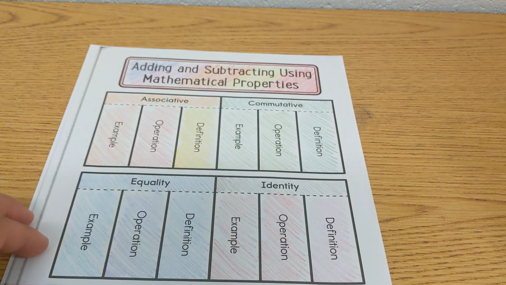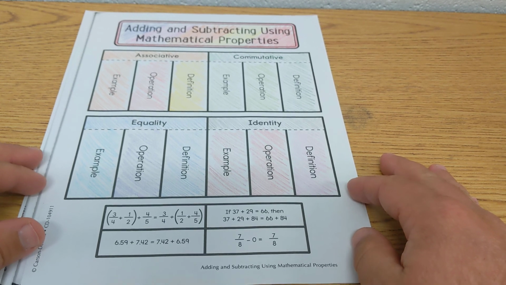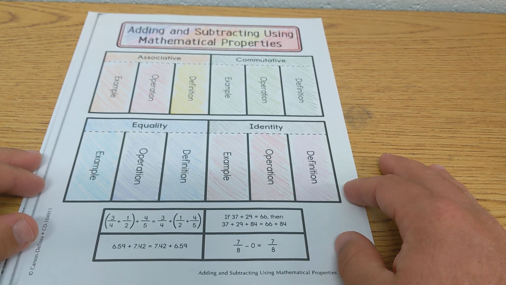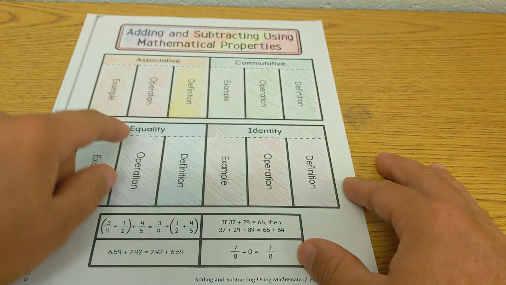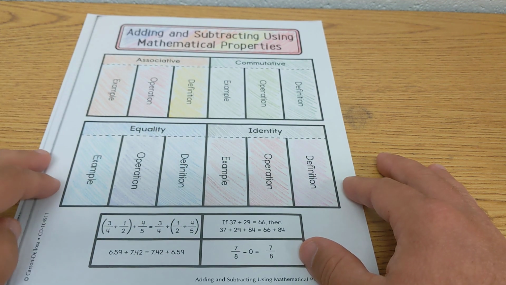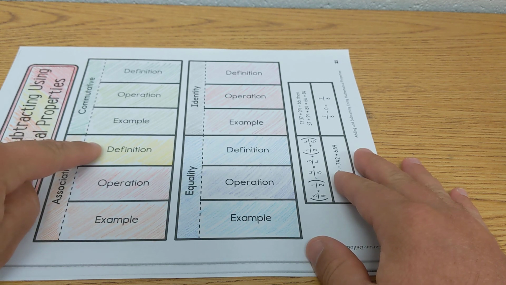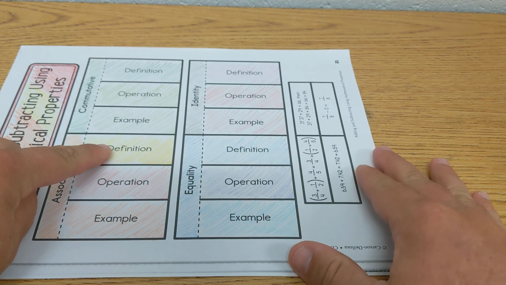Okay, so this is what your sheet looks like. All right, adding and subtracting using mathematical properties. All right, we have the associative, the commutative, the equality, and the identity. Okay, and now as you can see, I'll flip it this way. We have the definition. So under this tab, you'll write the definition, which I've already given you.